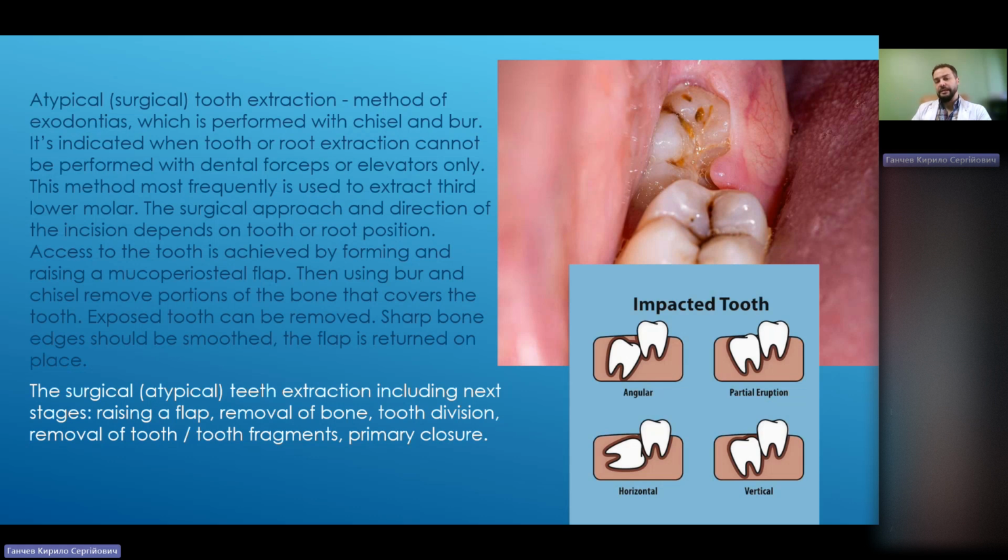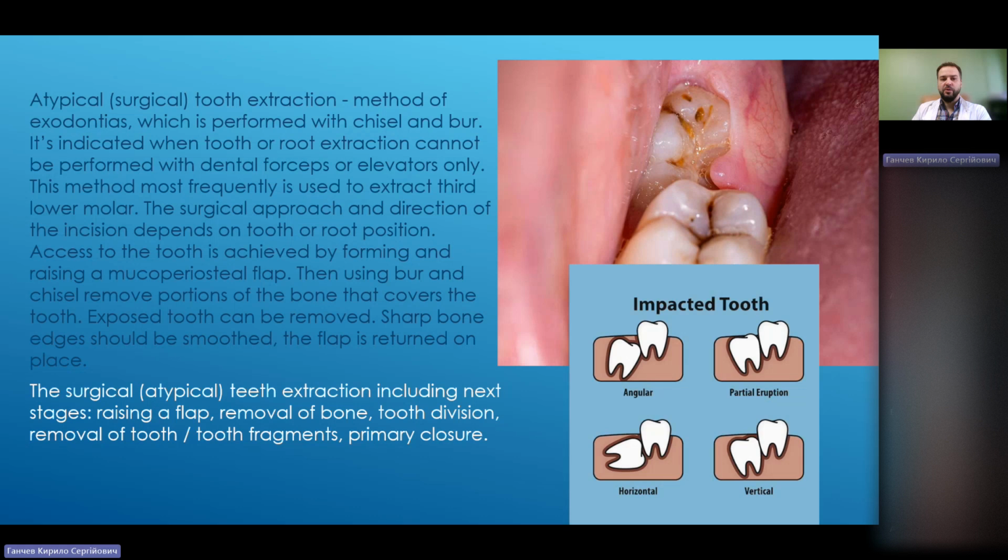Most cases are impacted teeth. So it's indicated when tooth and root extraction cannot be performed with dental forceps, as I said, or elevators only. This method is most frequently used to extract the third lower molar.